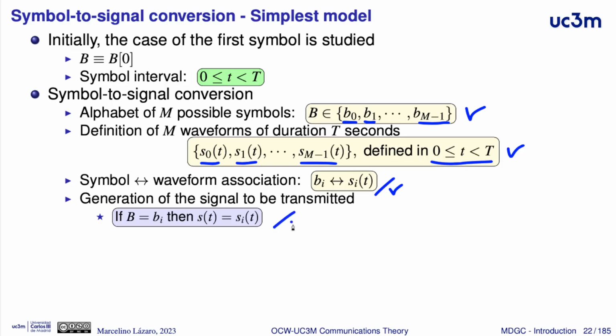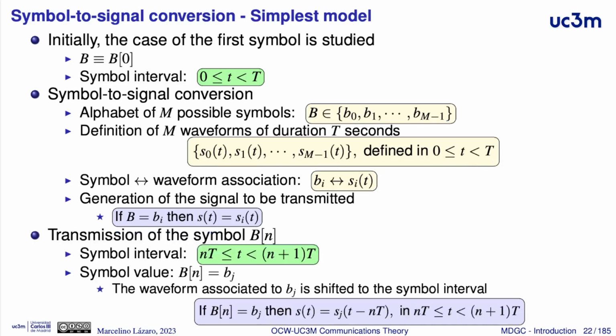And when the symbol that we want to transmit is the symbol of index i, the signal in the corresponding symbol interval, in the first interval, the signal in the interval between 0 and capital T is just the signal with index i. And this mechanism is extended to the generation of the signal in every possible symbol interval.